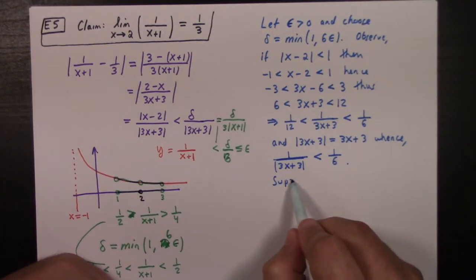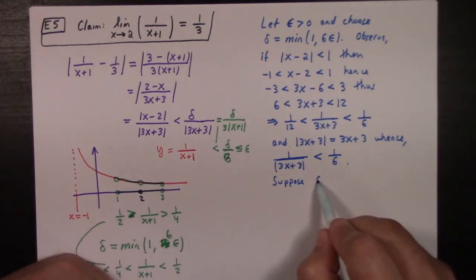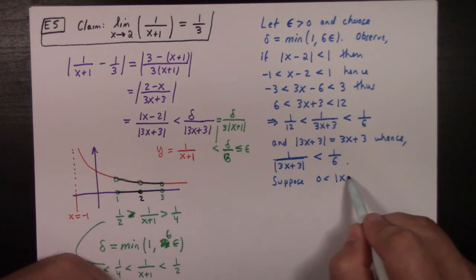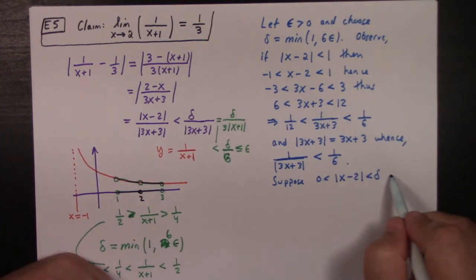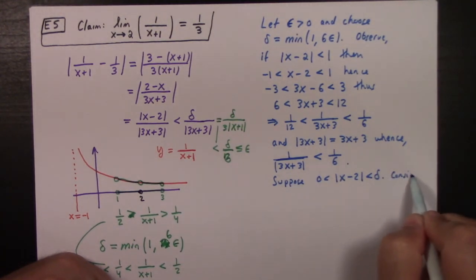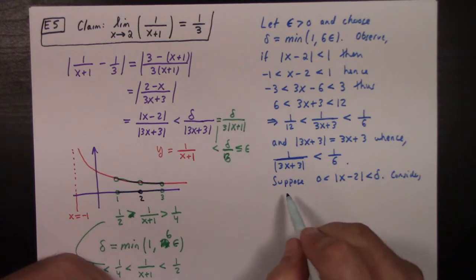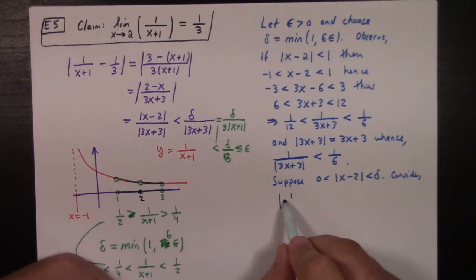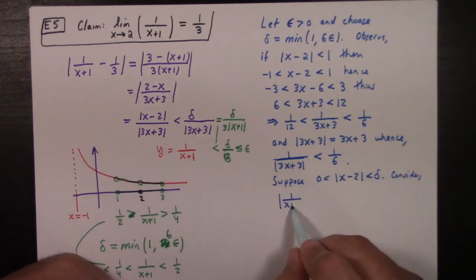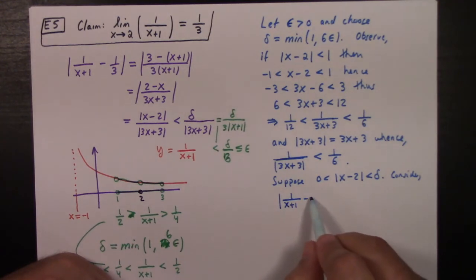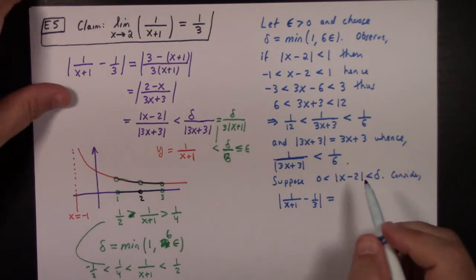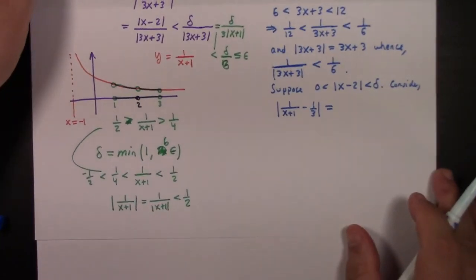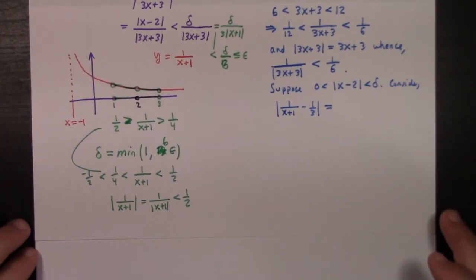So suppose 0 is less than the absolute value of x minus 2 is less than delta, right? Thus, consider the absolute value of 1 over x plus 1 minus 1/3 is equal to, all right, I'm going to, come on.